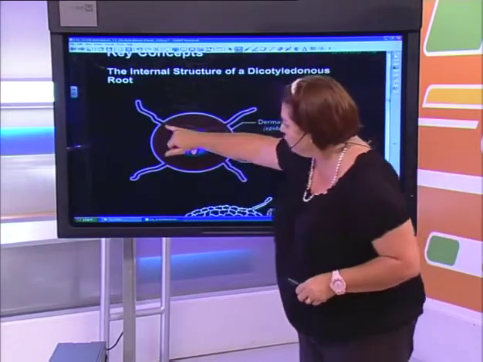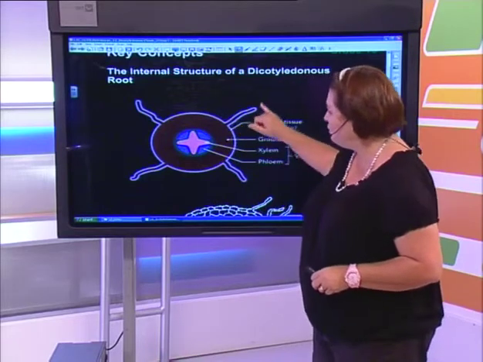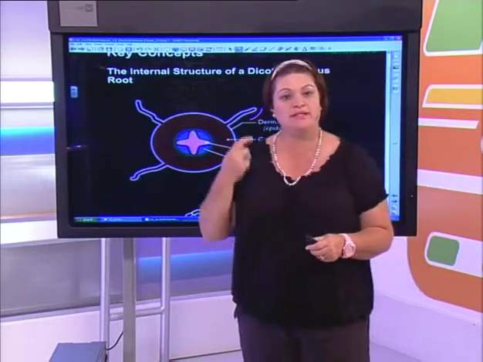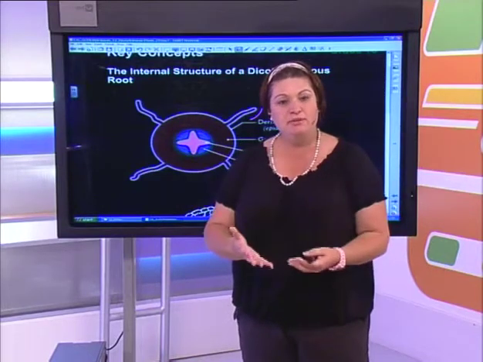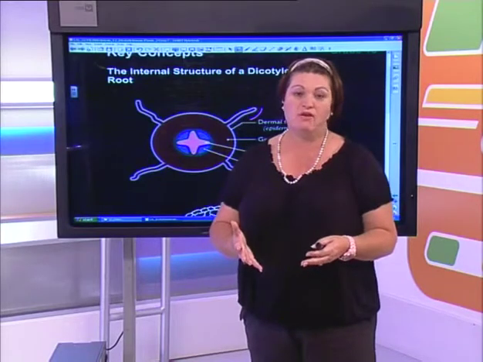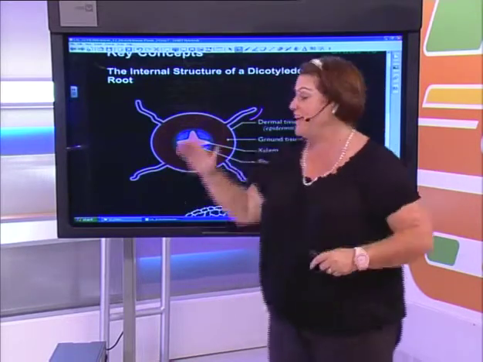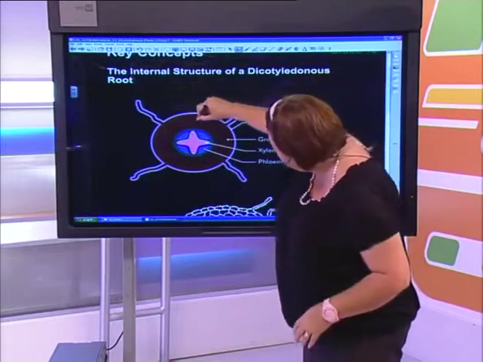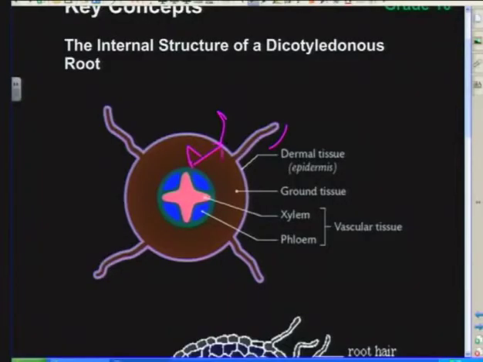If you have a look over here on the outside, we are going to find the epidermis, or the dermal tissue. The epidermis is the covering. It's always found on the outside of the plant, and it's there to protect the inner layers. Then you're going to see a nice large region over here, and that region is going to be called your ground tissue, or we can use the word cortex.